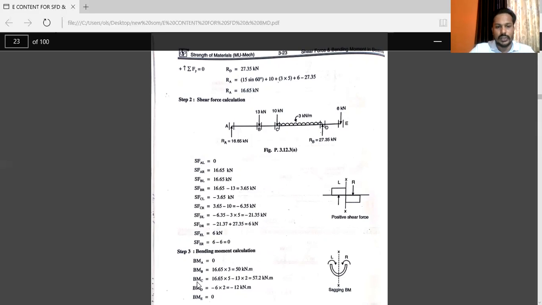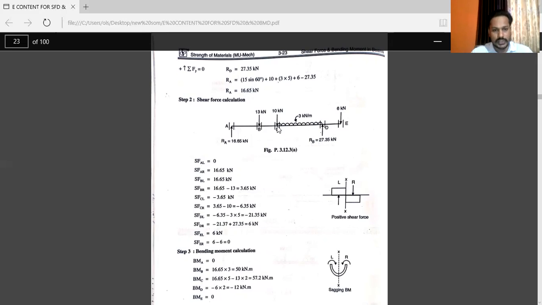Now the next, bending moment at point C. Here you can see, you have to consider all the left side forces from point C. So RA, that is 16.65, is moving in sagging condition.